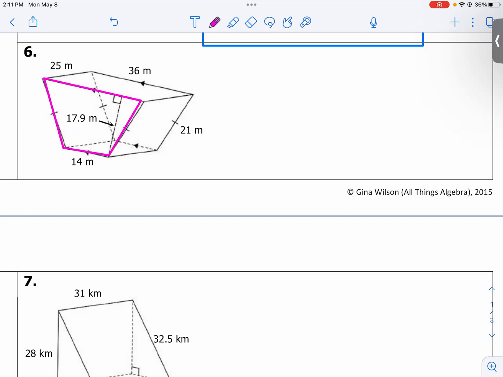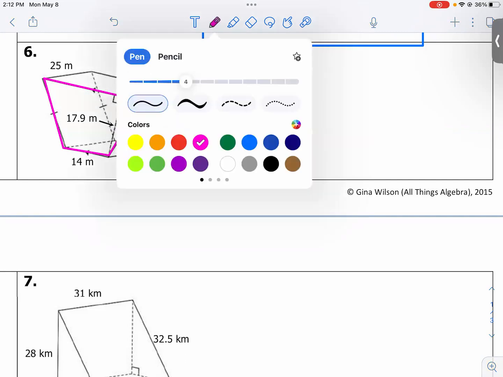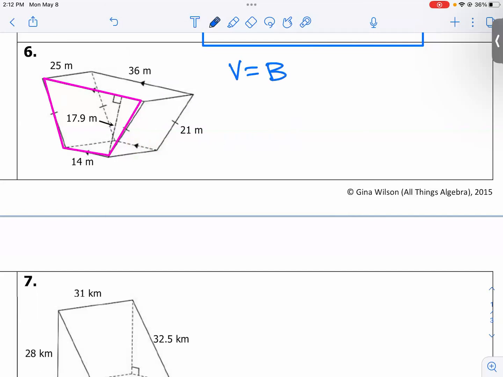Okay. Now, the area of a trapezoid. Hold on. So it's still area of the base times the height, but our base is a trapezoid. So we need to find the area of the base by taking 1/2 times the height times the sum of our two bases. So let's just focus on our trapezoid.